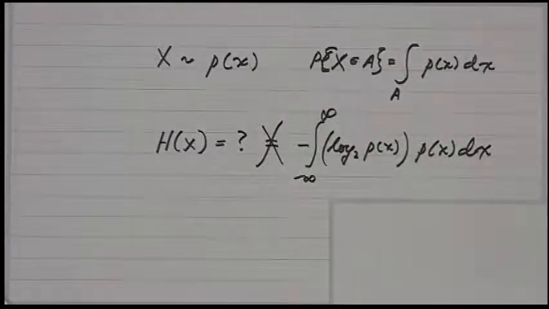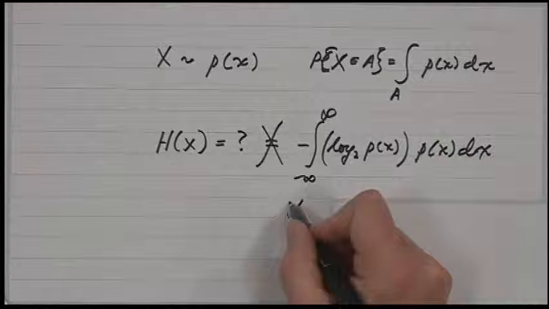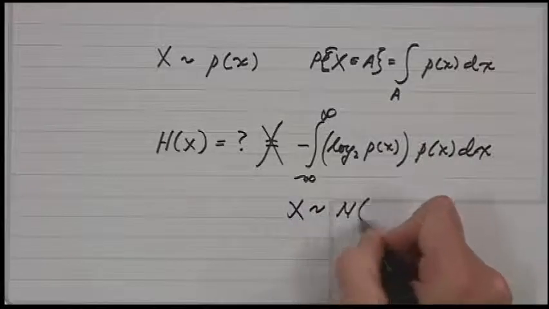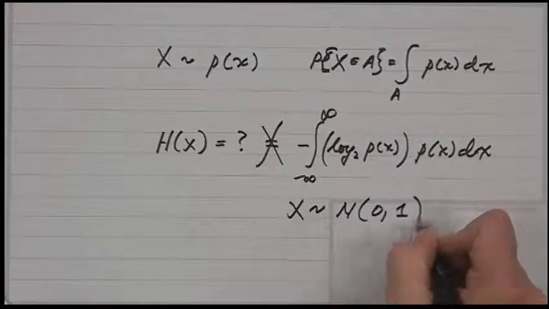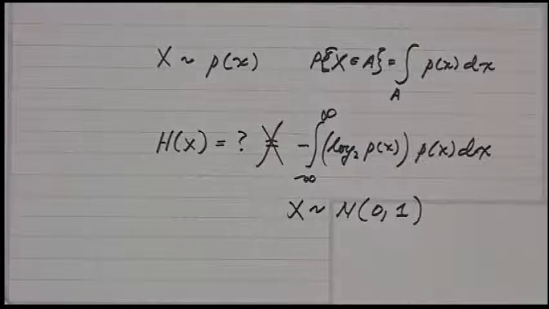Okay? So, intuitively, it's unreasonable. Let's say that x is a Gaussian random variable with mean 0 and variance 1. What's the entropy of that? How many bits does it take to represent the value of x on average?